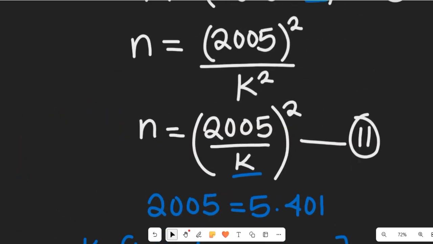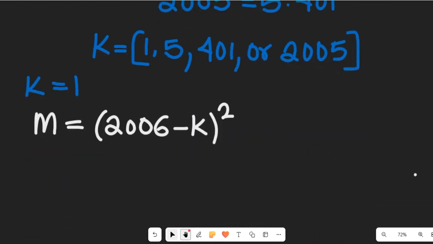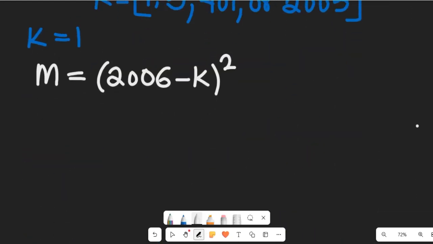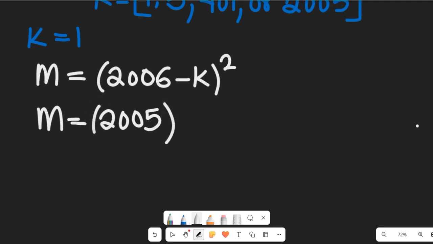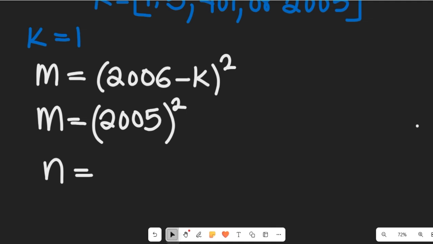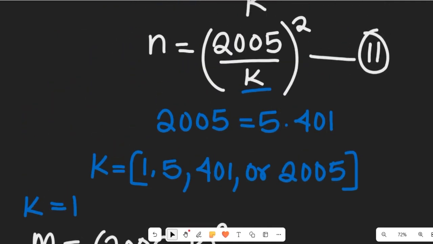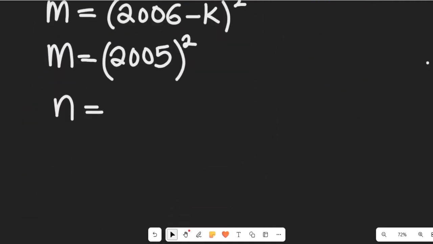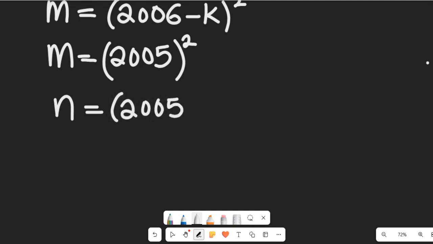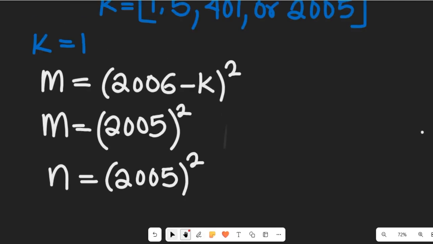So if I insert the value of k to be equal to 1, then I'll have my m to be equal to 2005 square, right? And then my n, inserting the value of 1 into this expression, I'll still have my n to be equal to 2005 square.